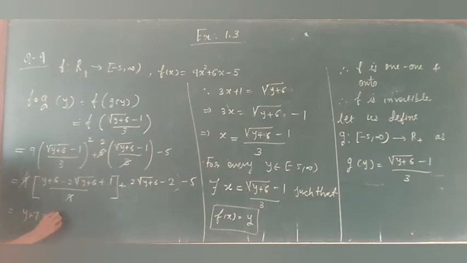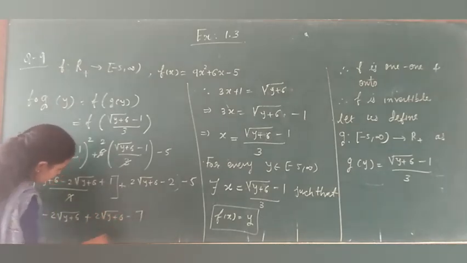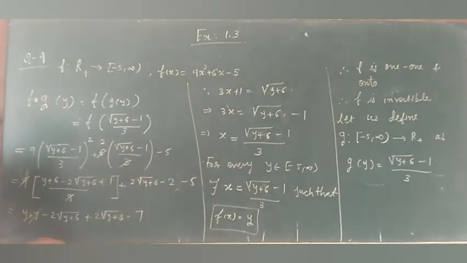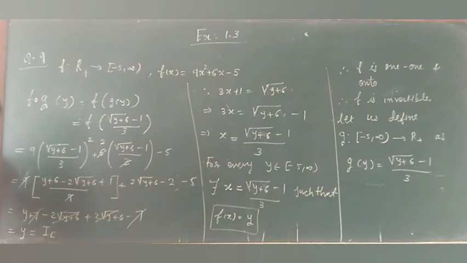So y plus 7 minus 2 under root y plus 6 plus 2 under root y plus 6 minus 7. Now plus 7 minus 7, minus 2 under root y plus 6 plus 2 under root y plus 6, remaining is y. And this is identity on where y belongs, that is minus 5 to infinity. So this is f composition of g.